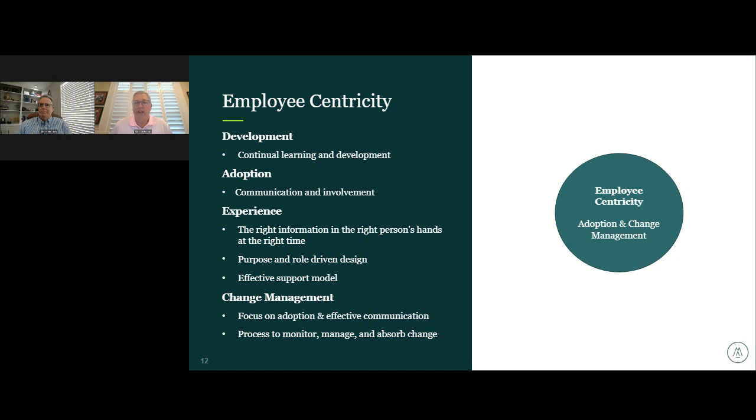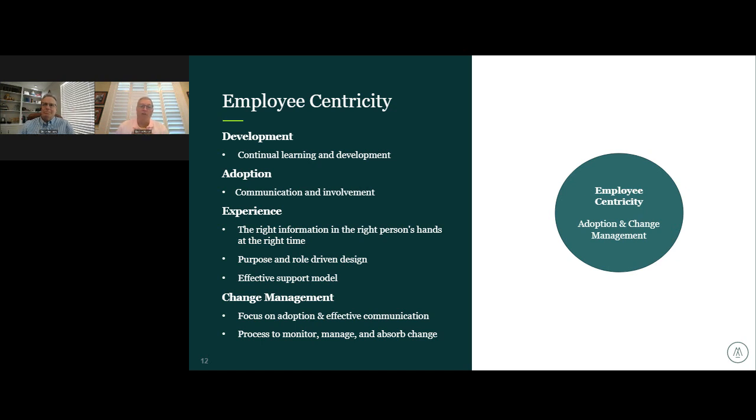Whether that's in accounting, out in the warehouse, a consultant in the field, a field service person, or a salesperson, whatever the role is, it's about understanding those personas, giving them the right information at the right time in the right format, and allowing them to interact in the process in as frictionless a way as possible.